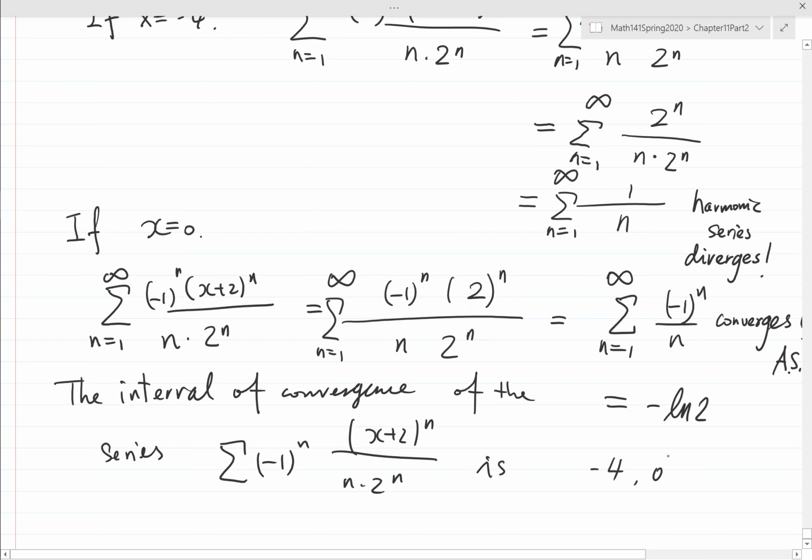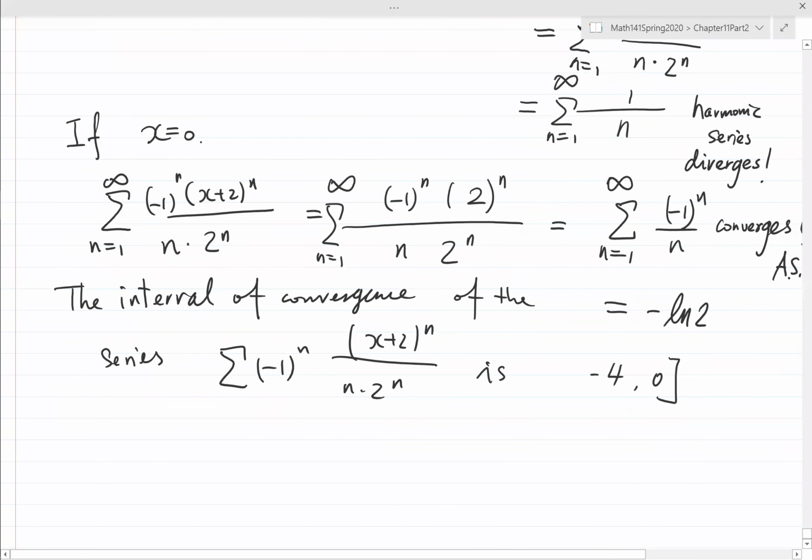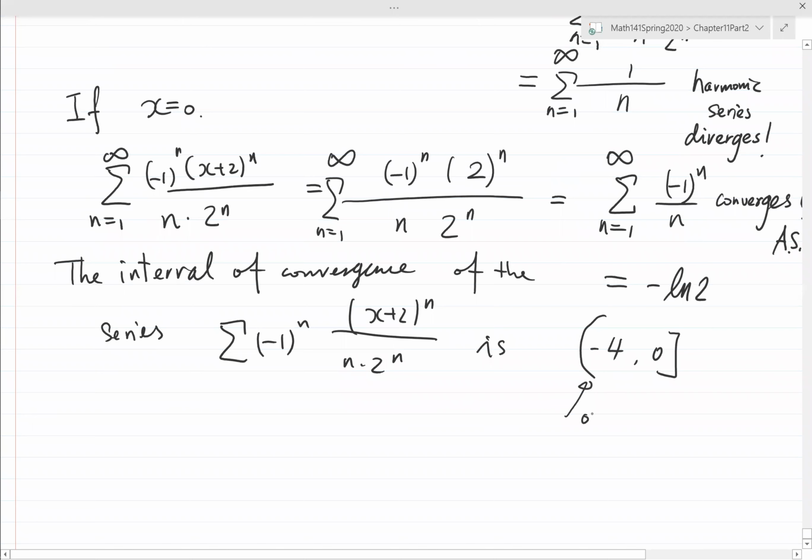At 0 it converges, so it's a closed interval at 0. At negative 4 it diverges, so we have open at negative 4. So it's half open and half closed.